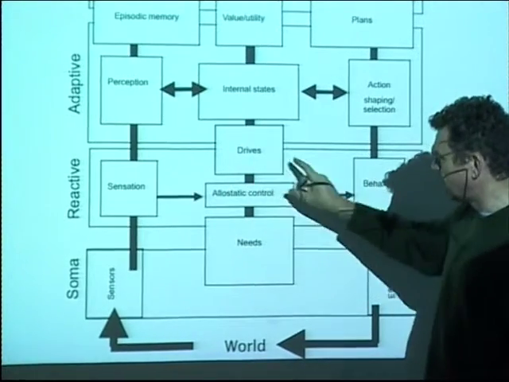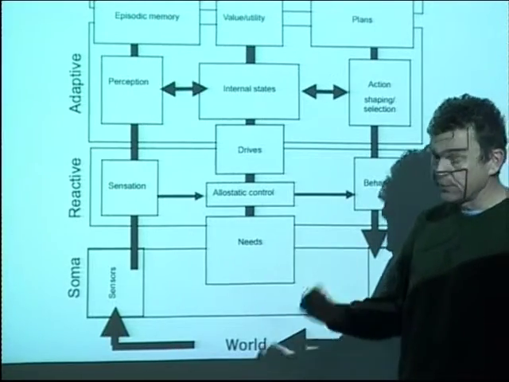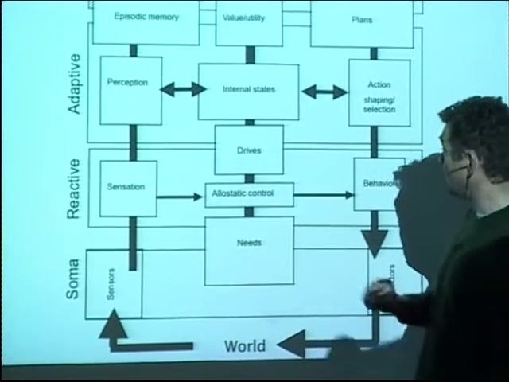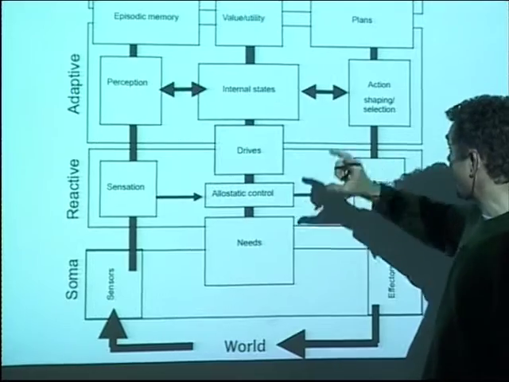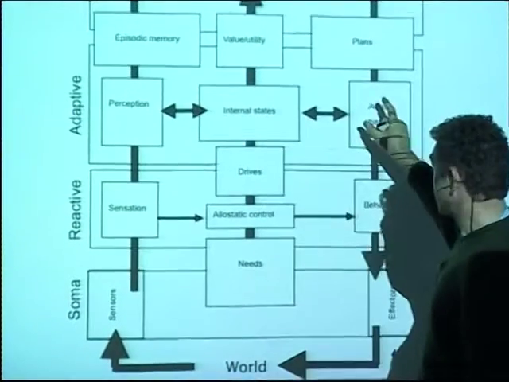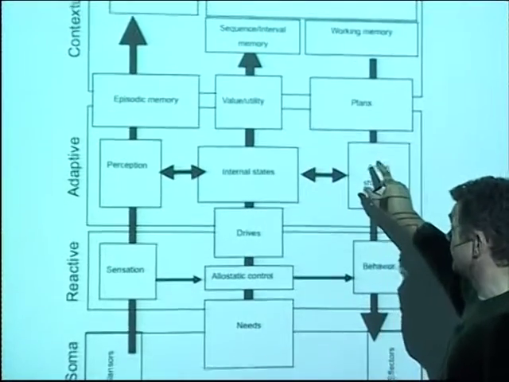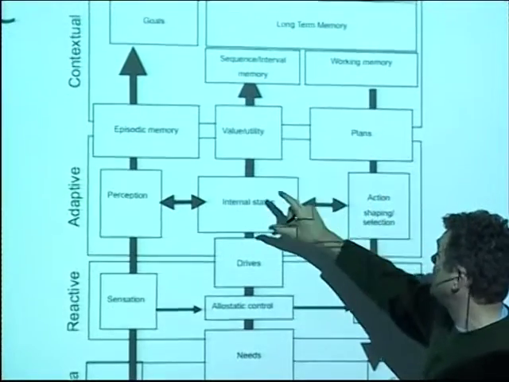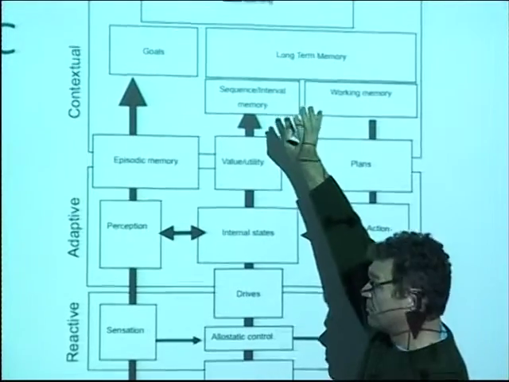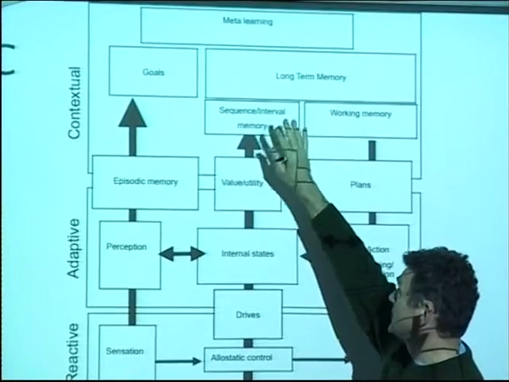How can I regulate my behaviors with respect to my needs? We're going to look in more detail at how perception and action at this adaptive layer both essentially depend on prediction, and we're going to look in detail at how I can perform plans for action at the contextual level.